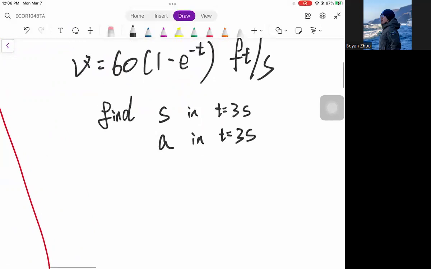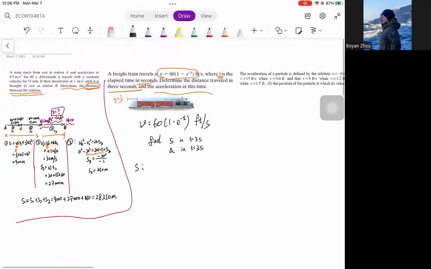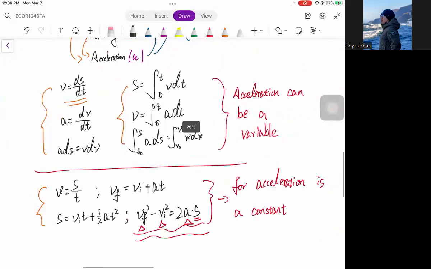So from the first one, we want to find the displacement s. For finding s, going back to what we have on here, we know that from velocity to s, we are doing the integration.